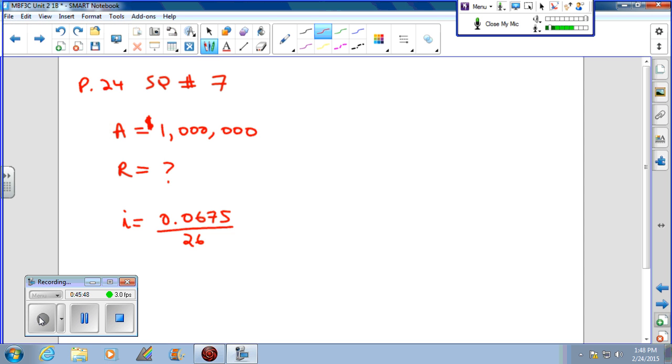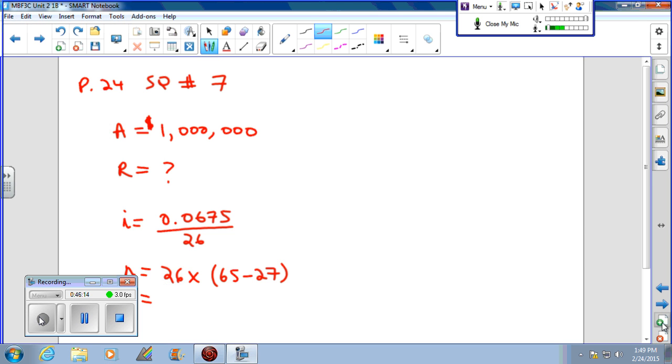Our N, now here's the thing, we need to know, he's 27 now. We need to know how many years it is, right? It's bi-weekly, so it's 26 per year times 65 minus 27. We have to work out how many years it's going to be. When he's 65, he's 27 now, it's 38 years.